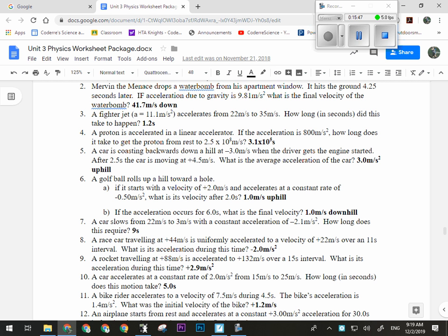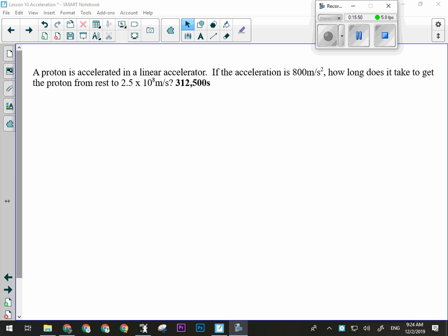Okay, so the trick to number 4 is not like algebra or anything like that. The trick is that you have a number given to you in scientific notation. You have to make sure you enter it into your calculator in scientific notation, just like you would Avogadro's number from Unit 1. So what we have here is that the acceleration is 800 meters per second squared.